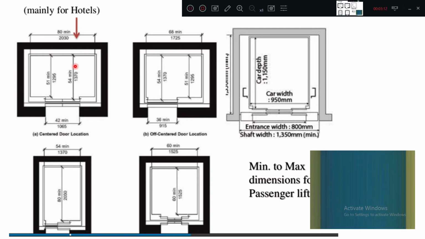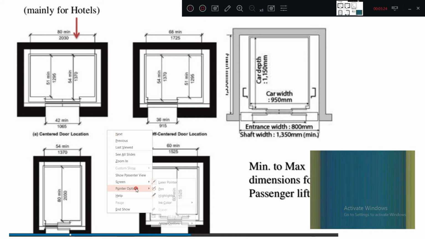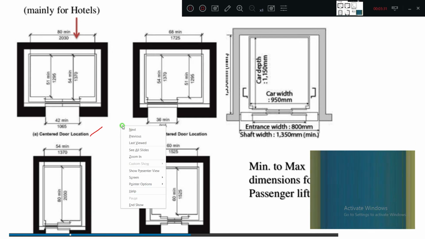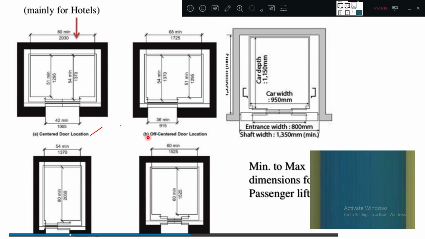Now we can see what is generally used in passenger lifts for hotel rooms. Can you see? Here is the central door location. Here it is off-centered, means somewhere near the wall it is there.